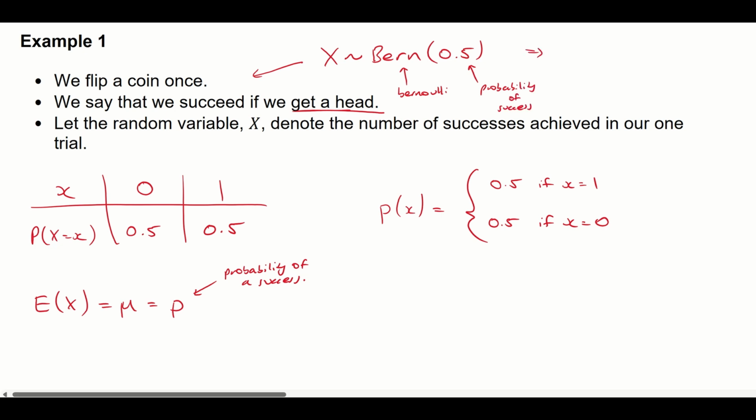So generally writing x is a Bernoulli distribution with probability of success just being our little p. So in this particular case, p is just 0.5. That's the probability that we get a head.